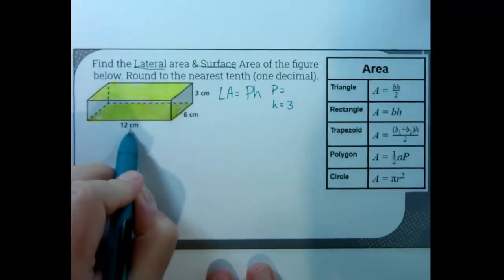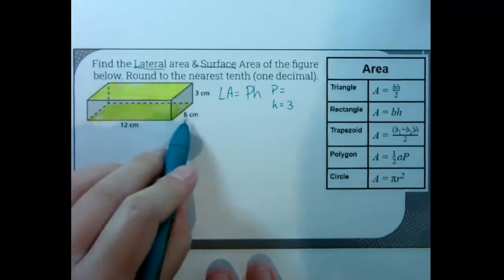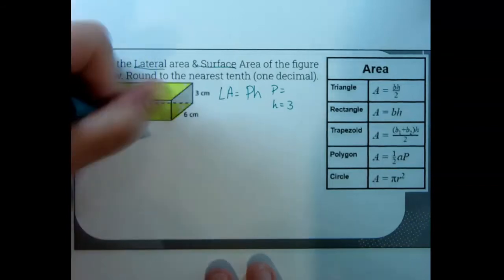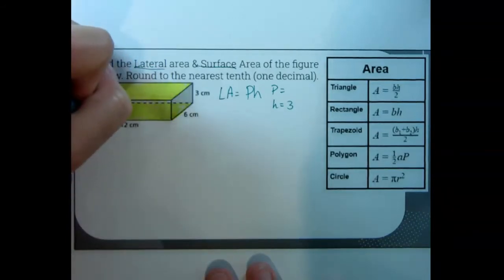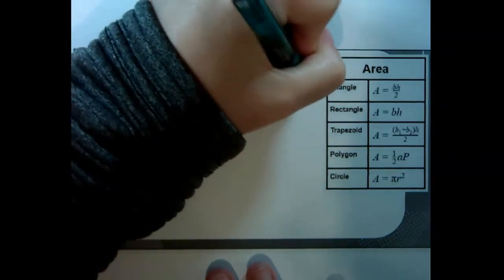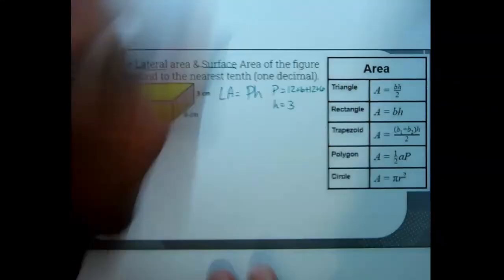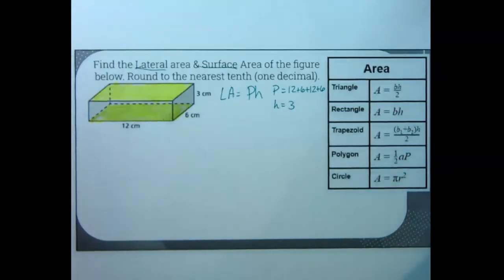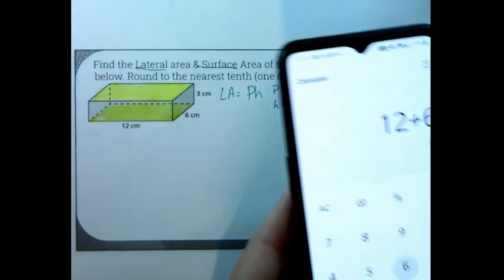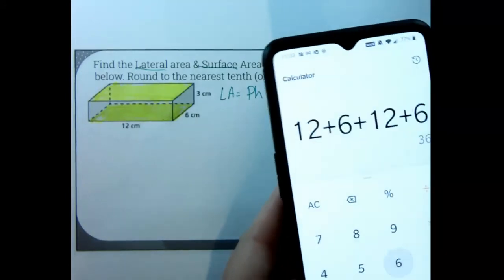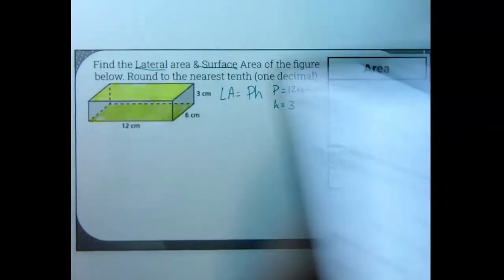Well, these are rectangles, so if it's 12 on this side, it's 12 on that side. Same thing for here, 6 and 6. So we just need to add that up together. So our perimeter is going to be 12 plus 6 plus 12 plus 6. You're going to end up with 36 for the perimeter.